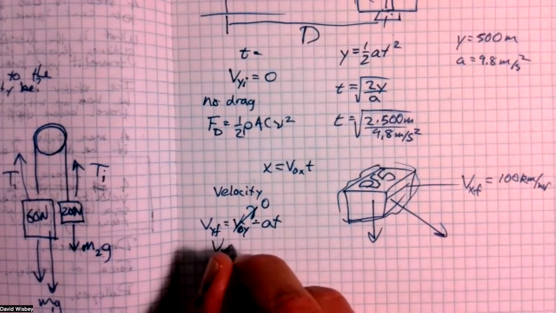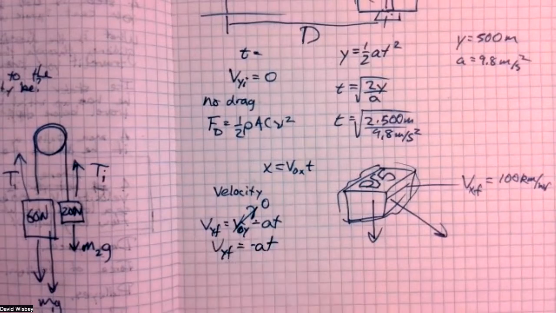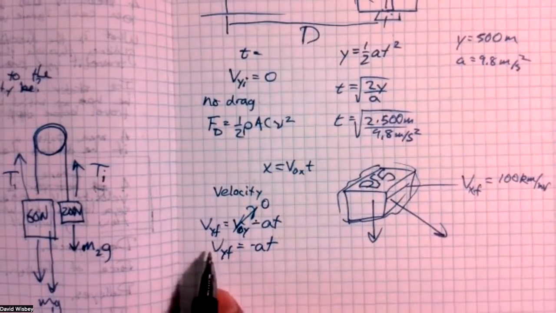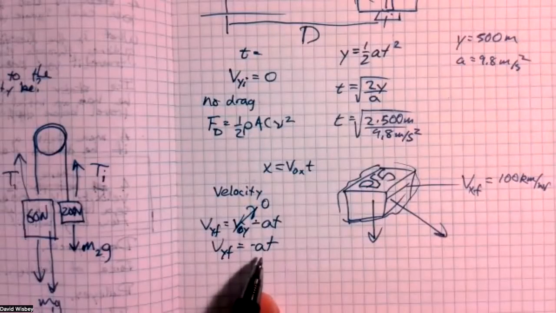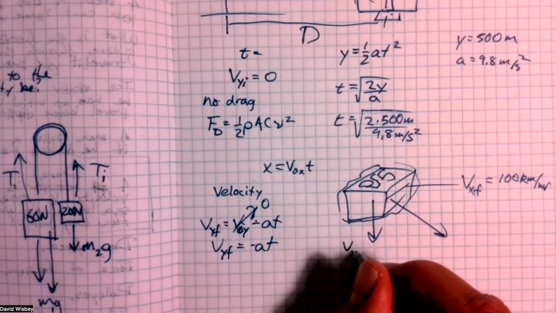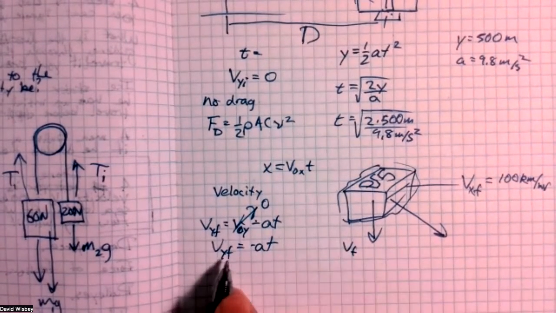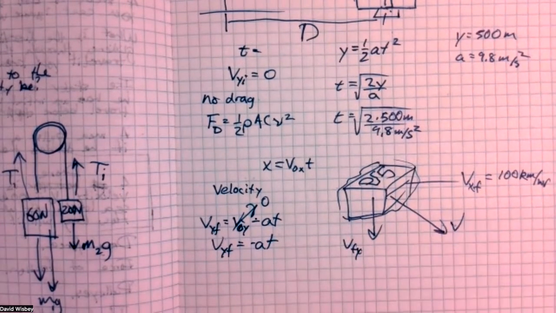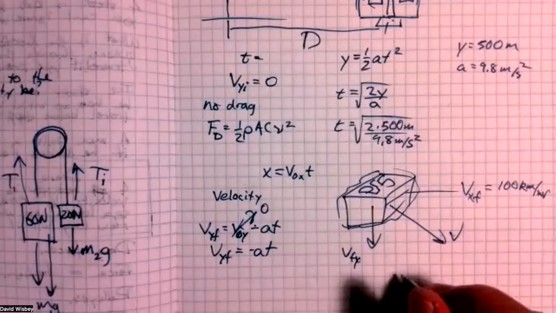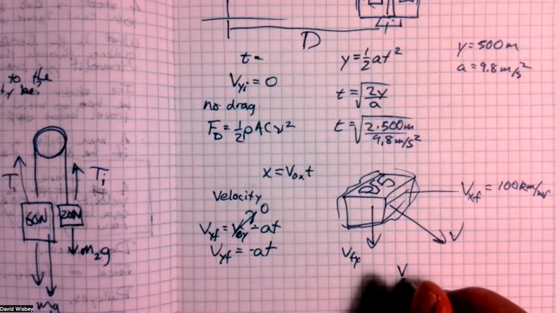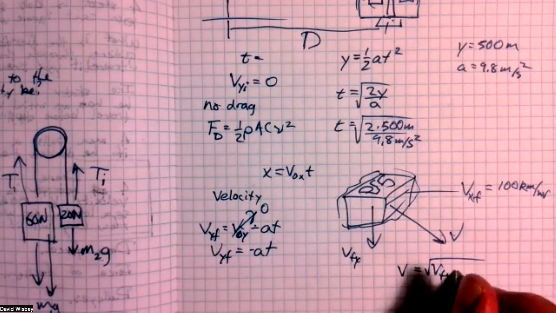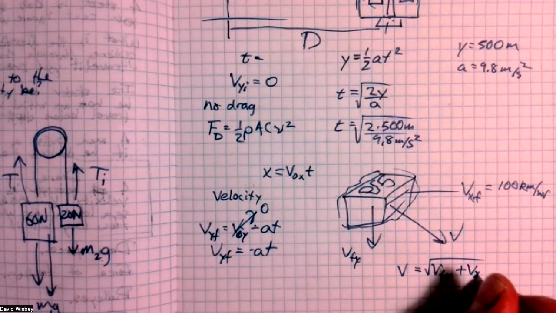So we can say VYF equals minus AT. Okay, and the minus sign should go away if you call down negative. And so you can get its final y velocity here. Then for the velocity, you can say that its total velocity is equal to the square root of VFY squared plus VXF squared.